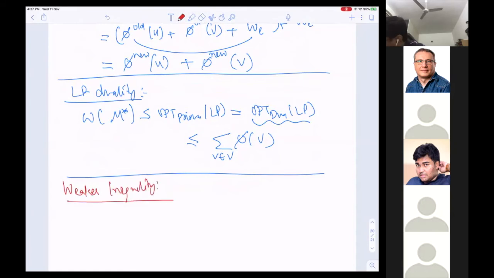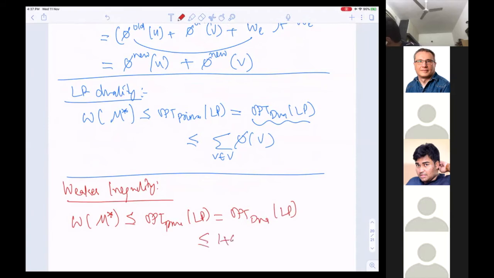Weight of M star is less than or equal to opt LP, that is still the primal LP, which is equal to opt dual LP, which is less than or equal to 1 plus epsilon times summation over V in big V of phi V. I don't know whether phi V satisfies this property, but if I multiply each potential by 1 plus epsilon, then it starts to satisfy my inequality. Then it becomes a feasible solution.